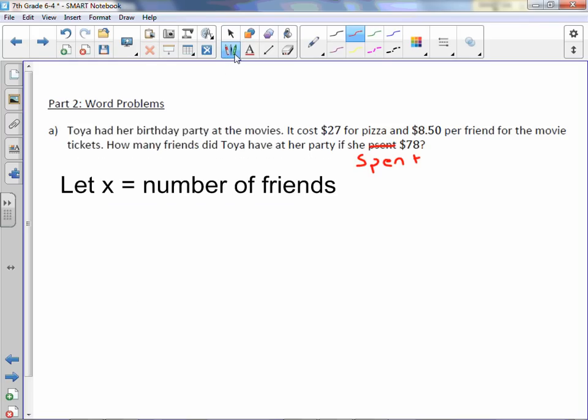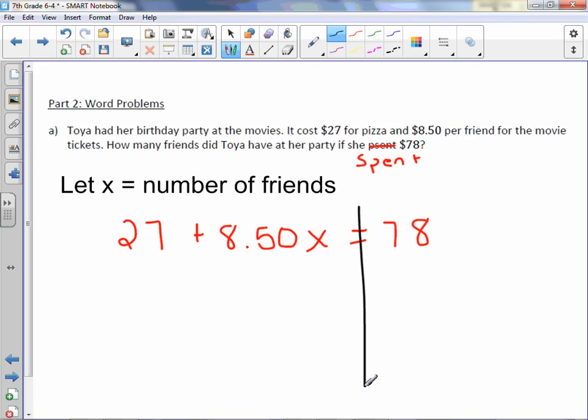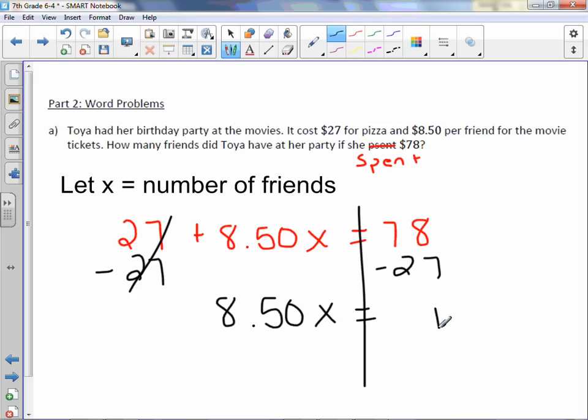So it cost $27 for pizza and $8.50 per friend. So we would add this to $8.50 times each friend. And the total was $78. So here's our equation. Let's solve. We will subtract 27 from both sides. $8.50x equals 51.